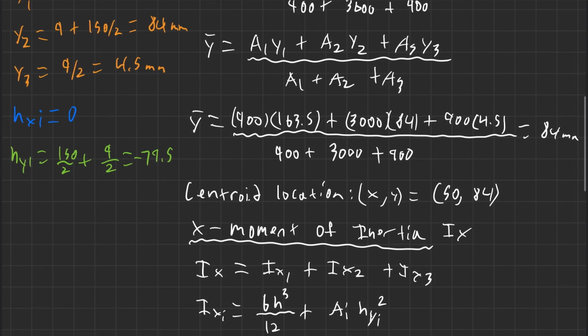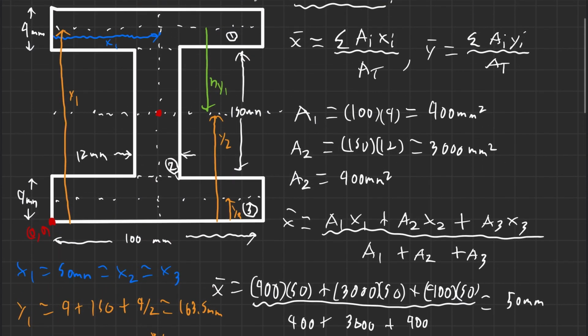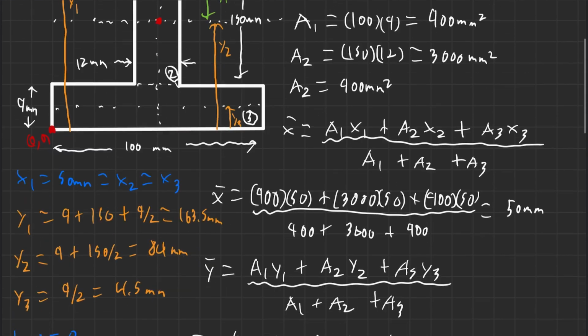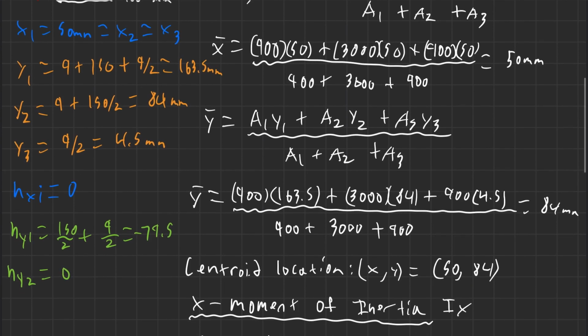Just got to keep track of that for when you're doing the product of inertia, especially with unsymmetrical shapes. So let's find hy2. And hy2 is going to equal 0 because the centroid is right in the middle, so it can't go anywhere. That's just based off looking at the shape.